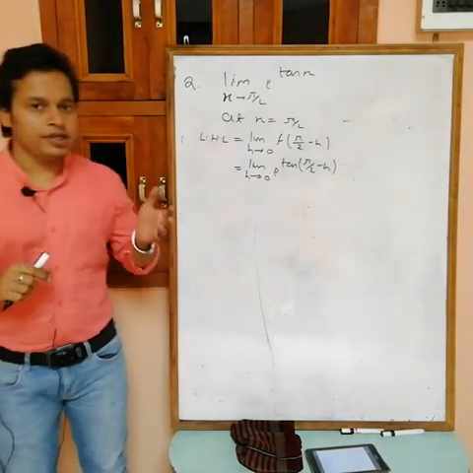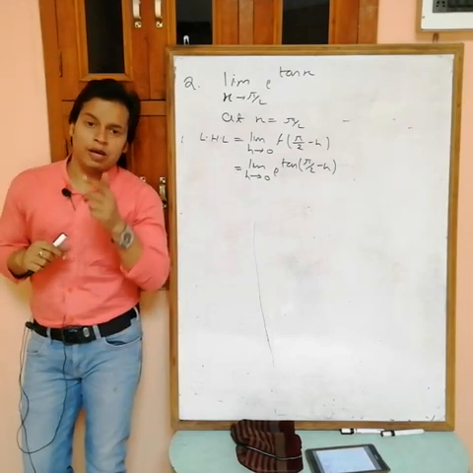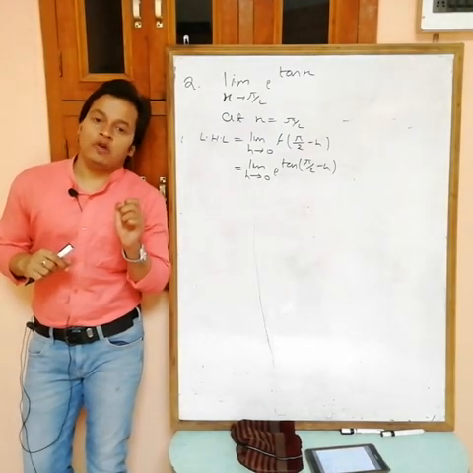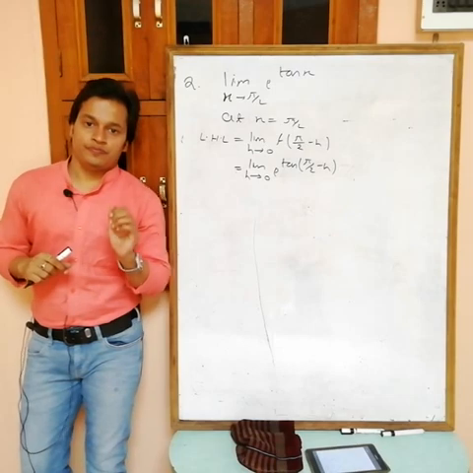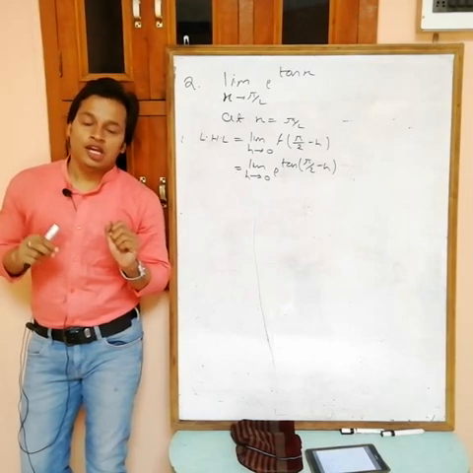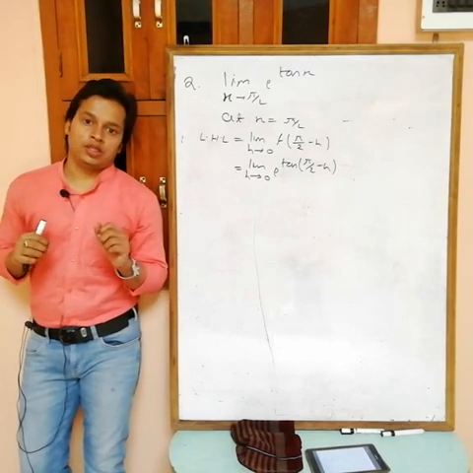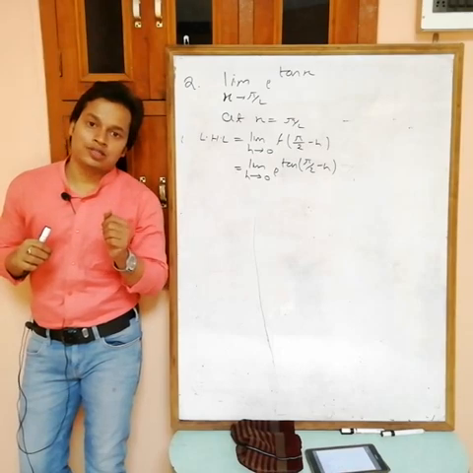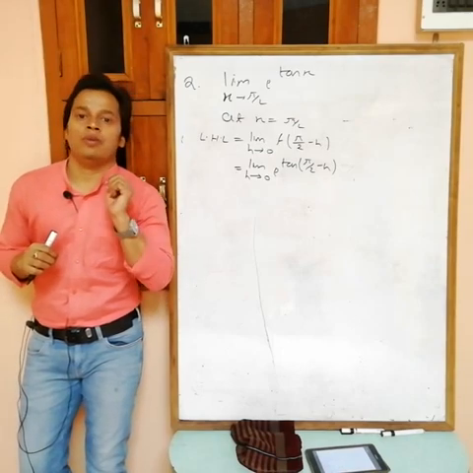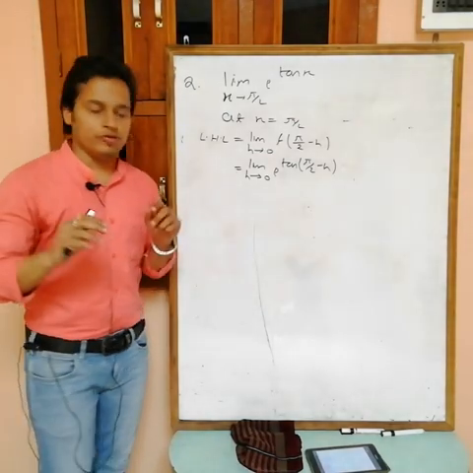If there is pi by 2 minus h, it means just less than pi by 2, so in the first quadrant tan is positive, so plus infinity. If there is pi by 2 plus h, then in the second quadrant tan is negative, then minus infinity. And also you can use the graph.